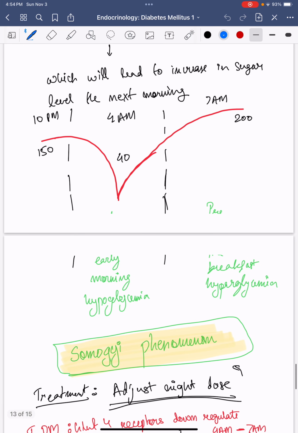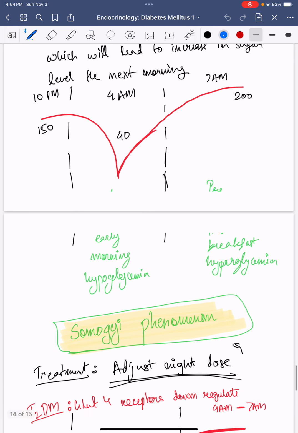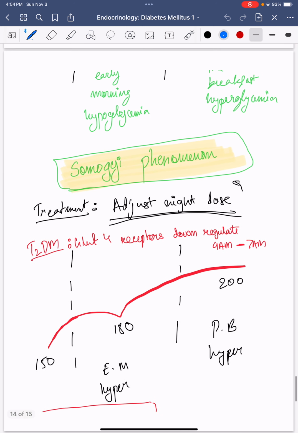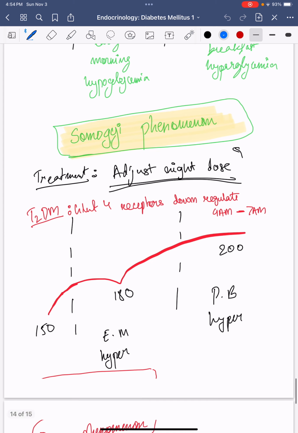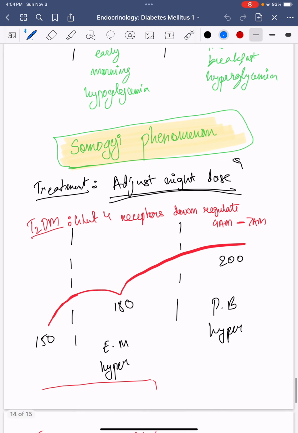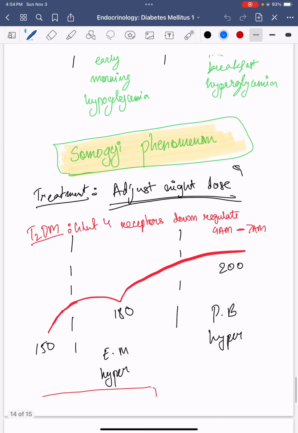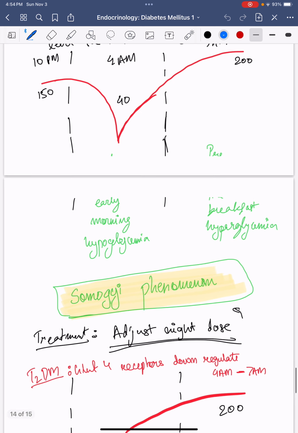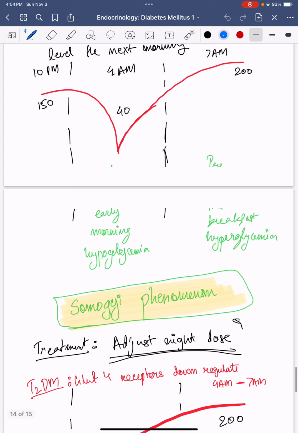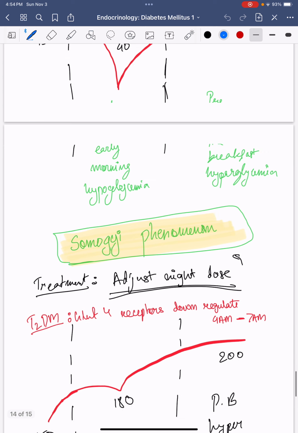In the Somogyi phenomenon, it was due to excess exogenous insulin, but in dawn phenomenon, it is due to the down regulation of the GLUT4 receptors, which will lead to early morning hyperglycemia and pre-breakfast hyperglycemia. Meanwhile, in Somogyi, there was early morning hypoglycemia and pre-breakfast hyperglycemia.